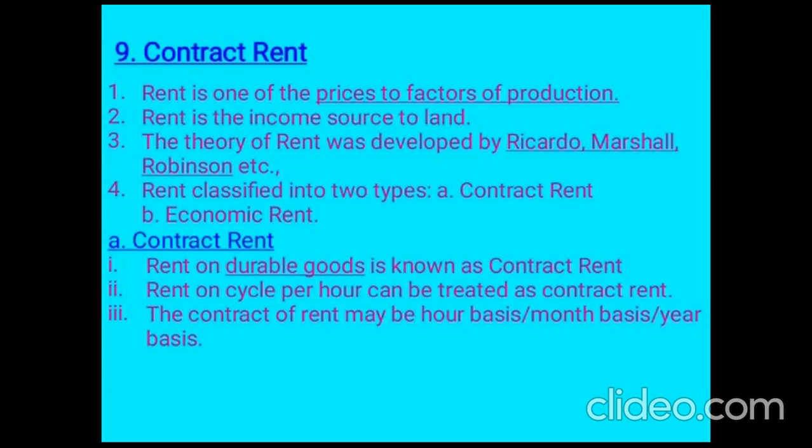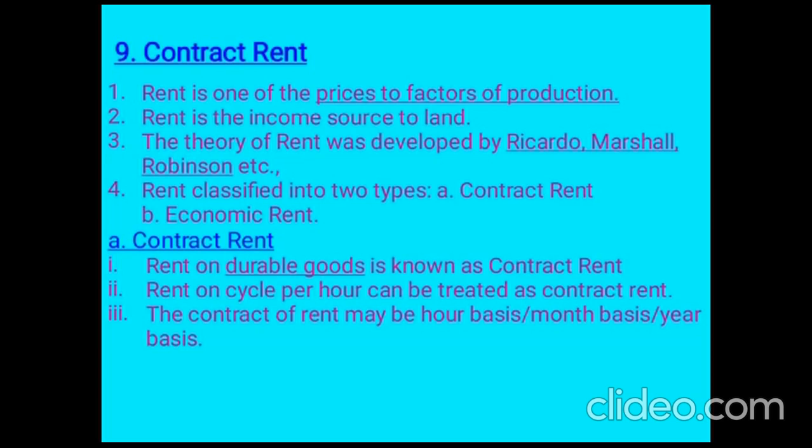Here rent is one of the prices which we pay for the factors of production. Second point is that rent is the income source of land. The theory of rent was developed by David Ricardo, Alfred Marshall and Robinson.